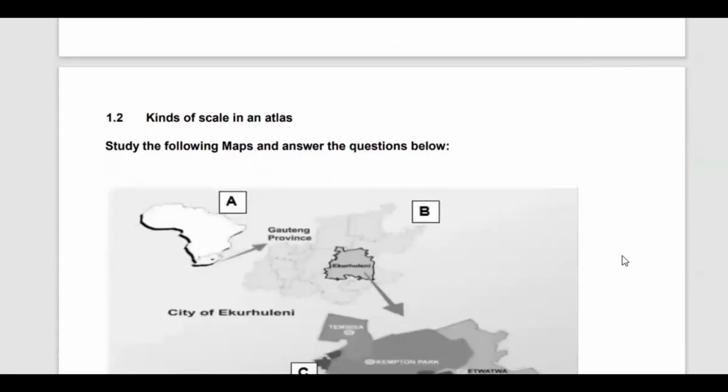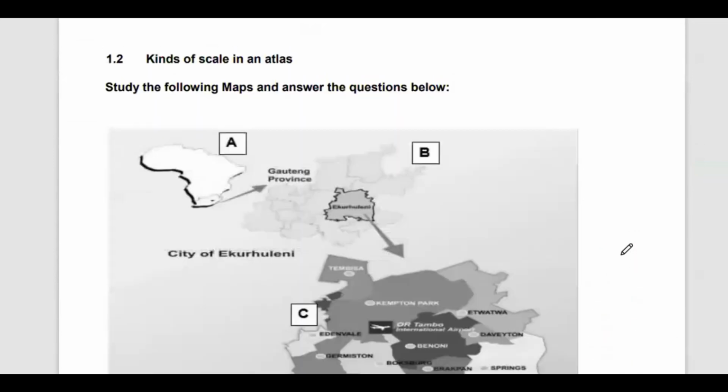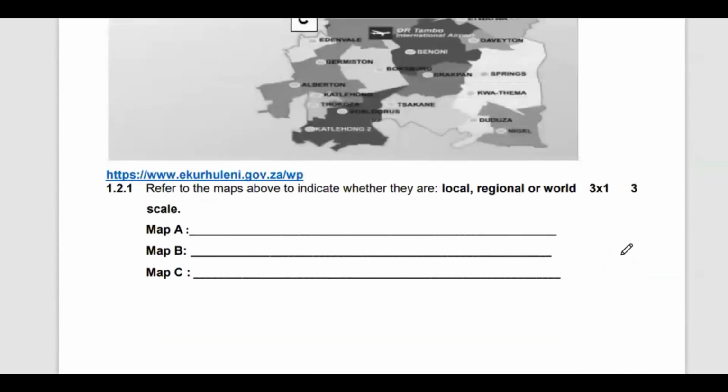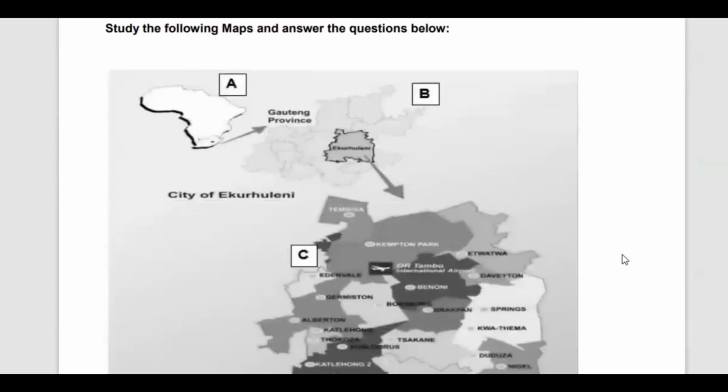Kinds of scales in the atlas. We have the maps given to us here. Refer to the maps above and indicate whether they are local, regional, or world. So we have map A. It's the map of Africa.